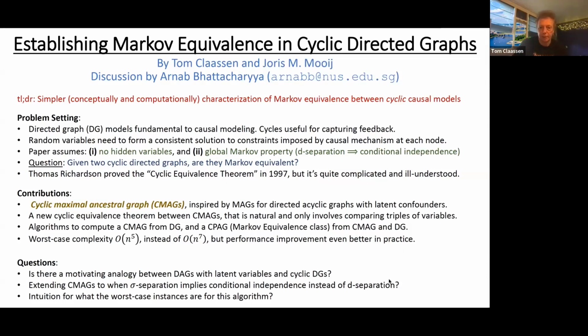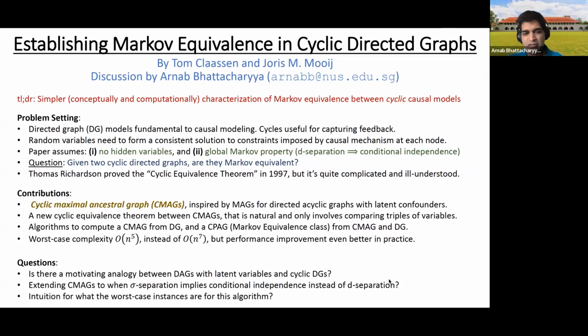And I think that's what we should aim for as a community, to make sure that we can handle both cycles and confounders. If we have a single representation for that, then DAGs without cycles, or cycles without latent variables, or with latent variables, would all be different versions of the same graph, similar to the acyclic case: if you have a MAG, the maximal ancestral graph for an acyclic graph, then a DAG is also a MAG. So there's a strong connection there. I'm not sure if that's what your question is.